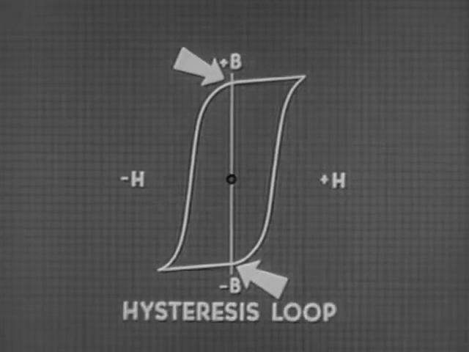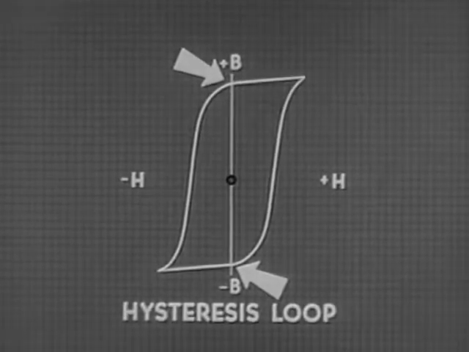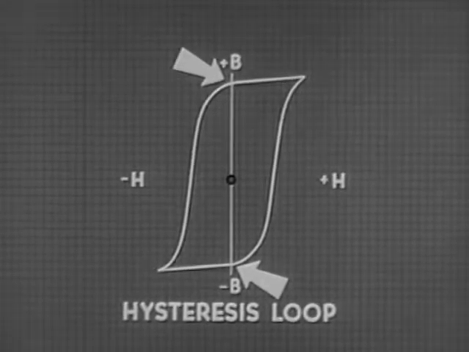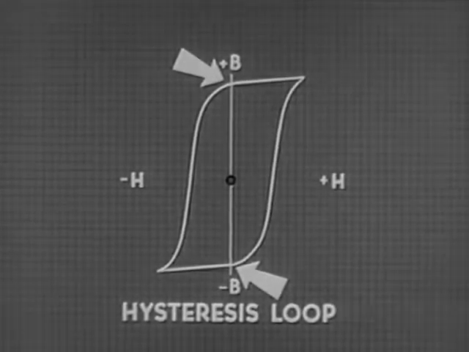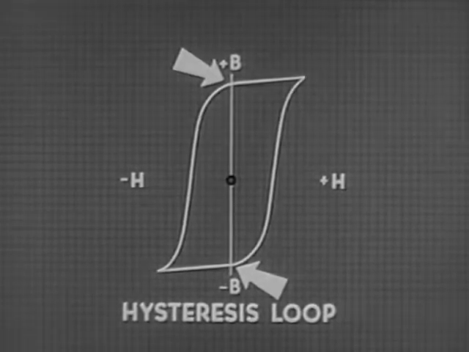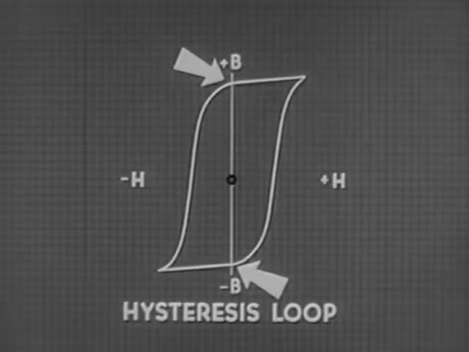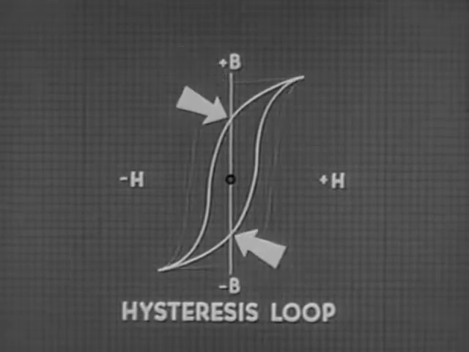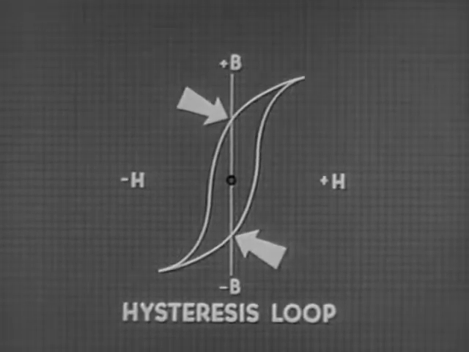The word hysteresis comes from a Greek verb meaning to lag behind. A hysteresis loop, therefore, shows how much magnetism remains behind after the force that produced it is gone. The shape of the loop indicates the ability of a particular core material to retain magnetism. Shallow rounded loop, low residual magnetism.